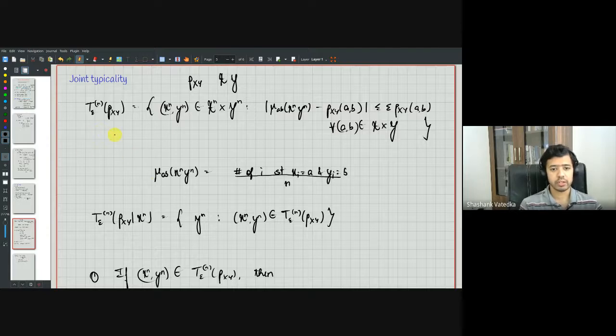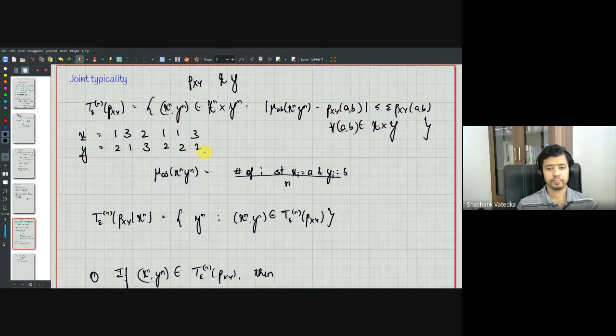So for example, let us say that we have 2 sequences. Let's say the sequence x is 1 3 2 1 1 3, and the sequence y is maybe 2 1 3 2 2 2.